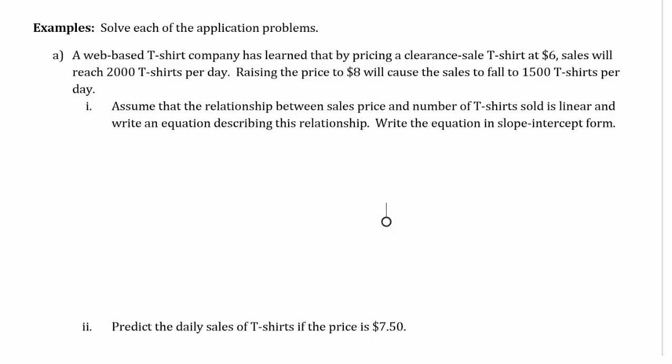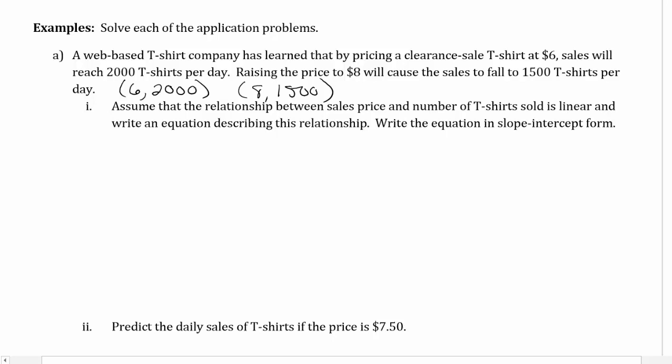So first of all, there are 2 points given in this problem. The first one is at $6, you're going to sell 2,000 t-shirts in a day. So that's the point 6, 2,000. And then at $8, you're only going to sell 1,500 t-shirts. So that's another point, 8, 1,500.